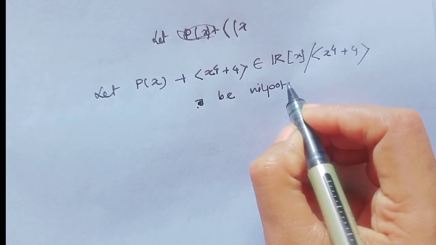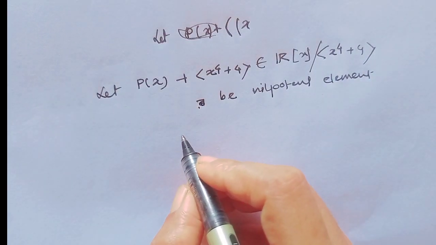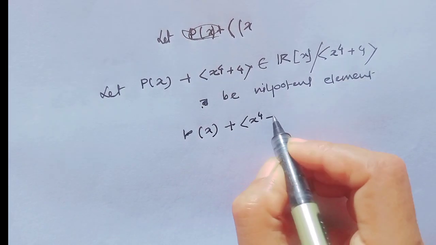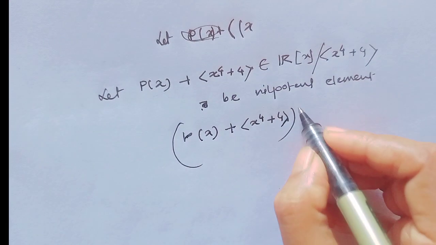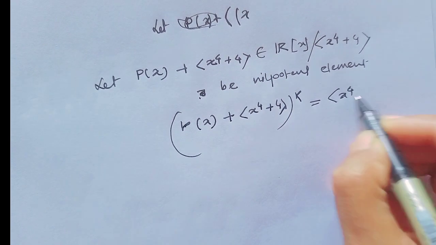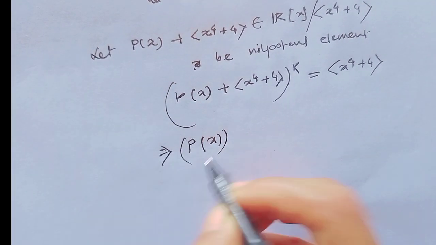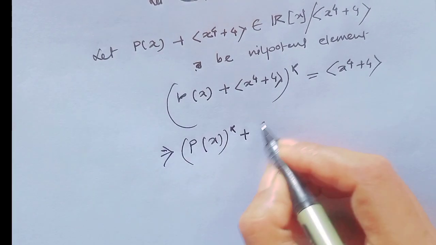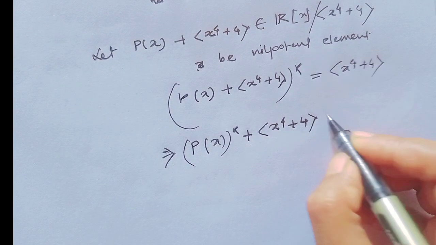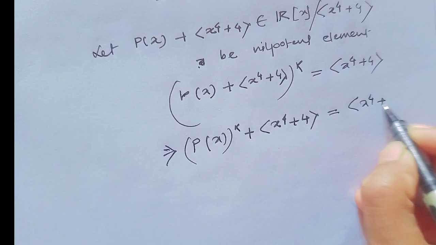Then that is a nilpotent element. Since this is a nilpotent element, (p(x) + ⟨x⁴ + 4⟩)^k equals 0. Here 0 means the ideal generated by x⁴ + 4. That implies p(x)^k plus the ideal generated by x⁴ + 4 equals 0, meaning x⁴ + 4.